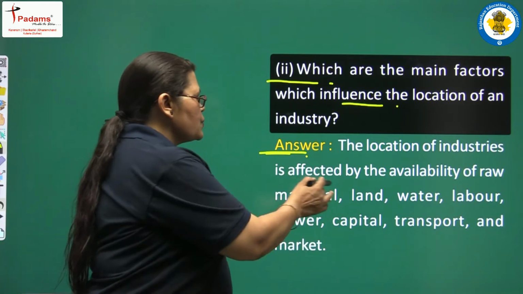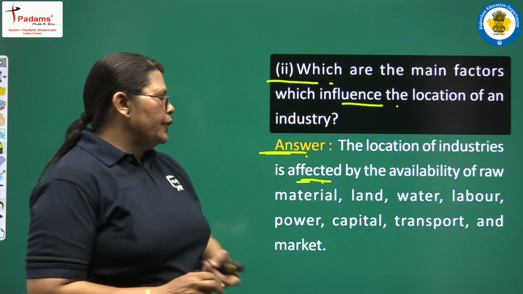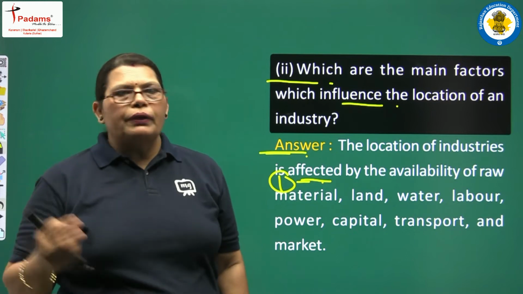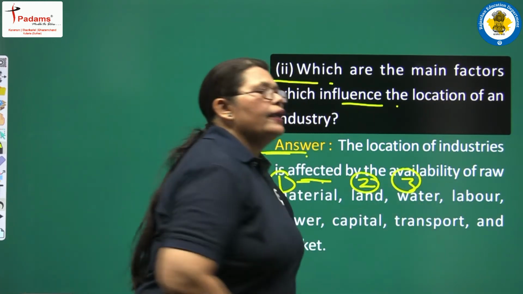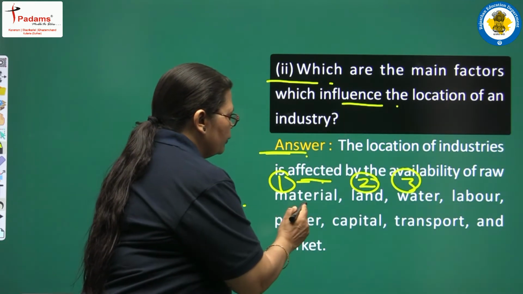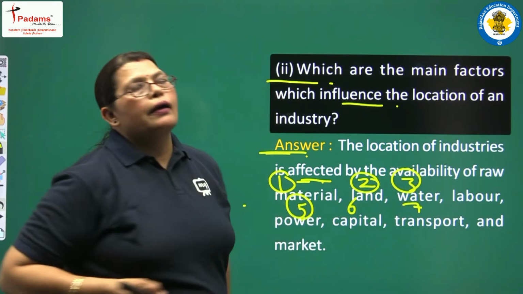The location of industries is affected first by the availability of raw material, second by the availability of land, third the water supply, fourth labor, and fifth power, capital, transportation, and market.